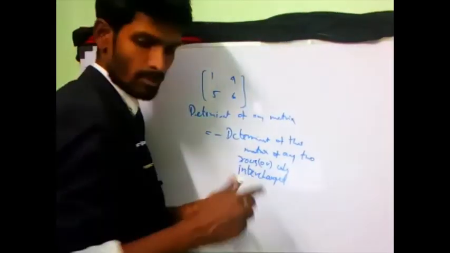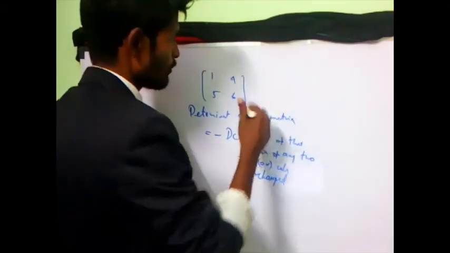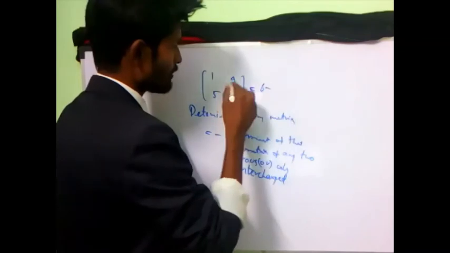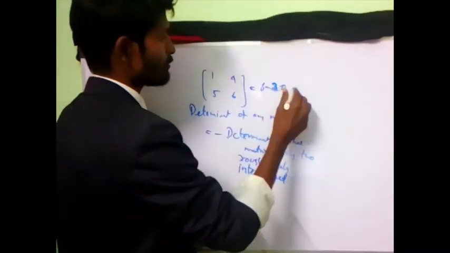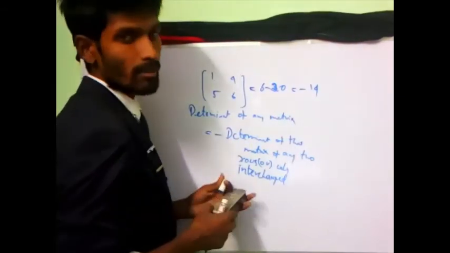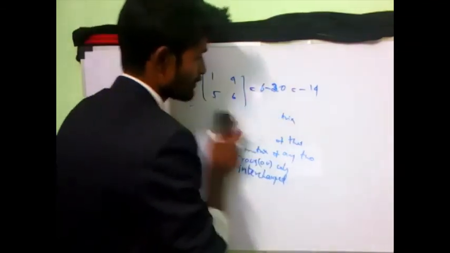When you find the determinant of this one: 6 minus 5 times 4, which is 20. So 6 minus 20 is equal to minus 14. Now take the same matrix with a row changed.